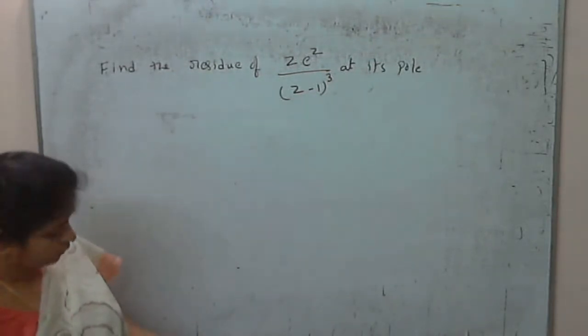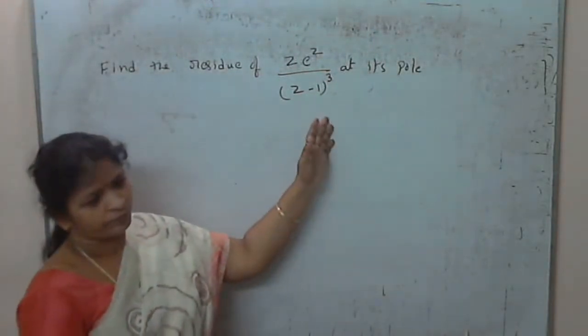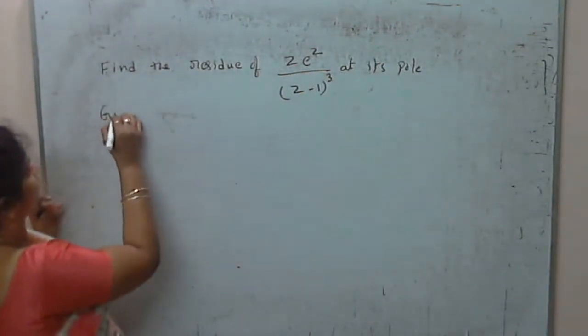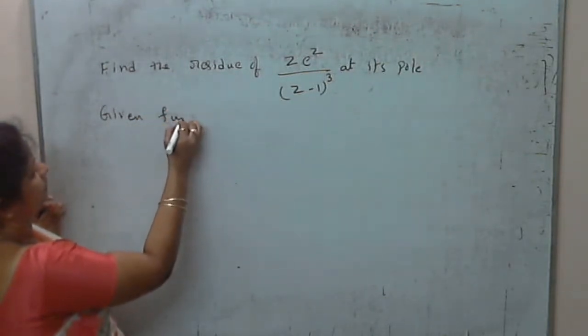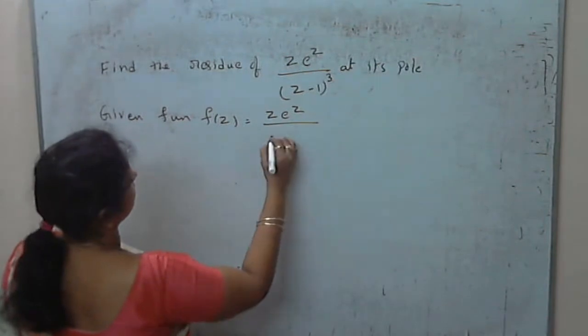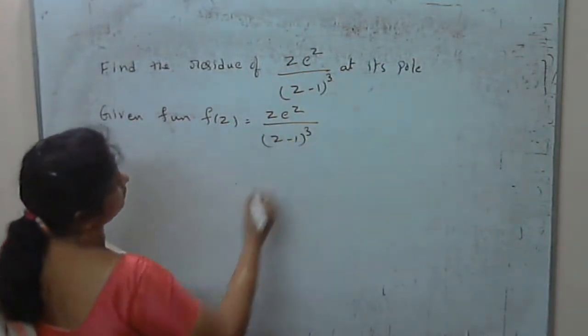So you have to find the residue at the pole. So first you have to find the pole. Given function f of z equal to z e power z by (z minus 1) whole cube.